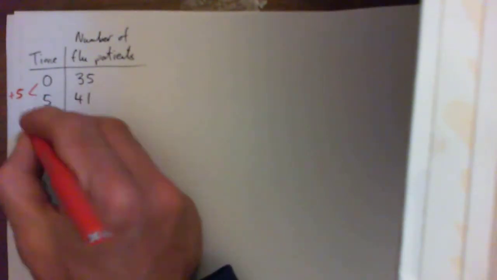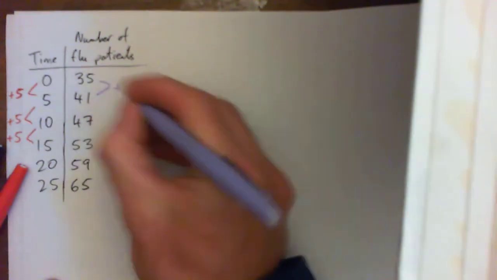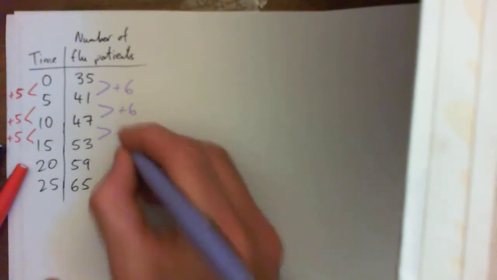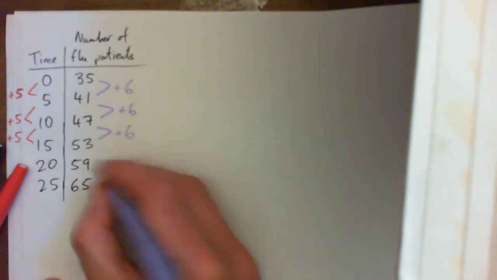All right, so the time is going up in days by 5, up by 5 each time. So the time is going up by the same amount each time, right? The number of flu patients is going up by 6 each time, isn't it? So 53 minus 47 is up 6, and this is up 6, and this is also up 6, exactly every time, right?